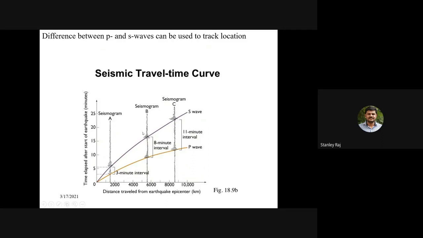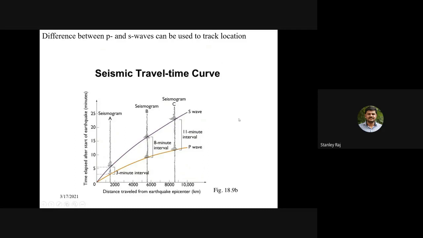If we know the time interval between the P and S waves, we can determine at which place you are, and for seismograph stations at different places, we can estimate how the time interval will be.